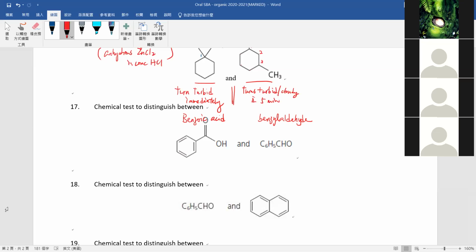Okay, so what are the methods to make a difference between the two? Once you are given the name, you may easily judge the type of chemical test. Tollens' reagent. How to use?